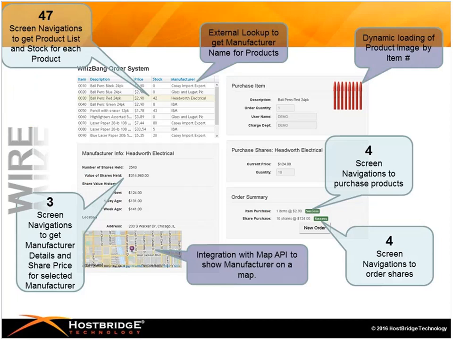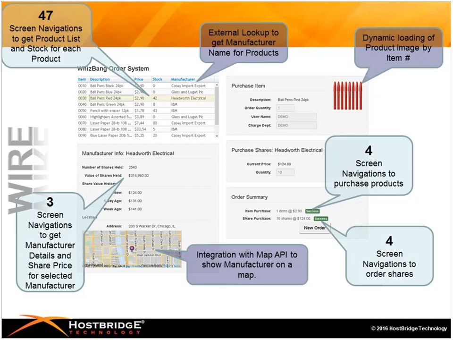And then we did 4 more to purchase the product and 4 more to order the shares. So that puts in perspective how many screen navigations were done to build that screen, in addition to the external lookups that we did to get the manufacturer name, the map, and the image. Okay, that's all I have, sir.